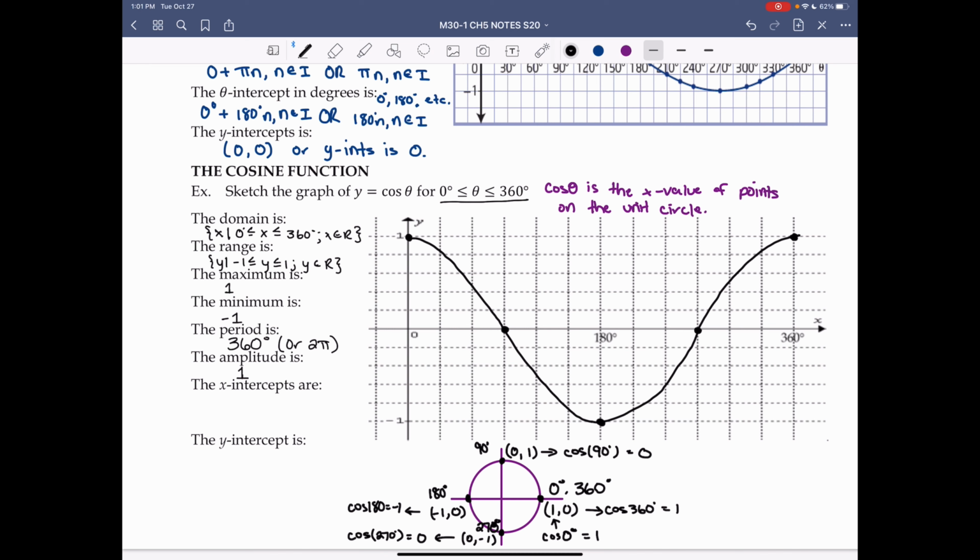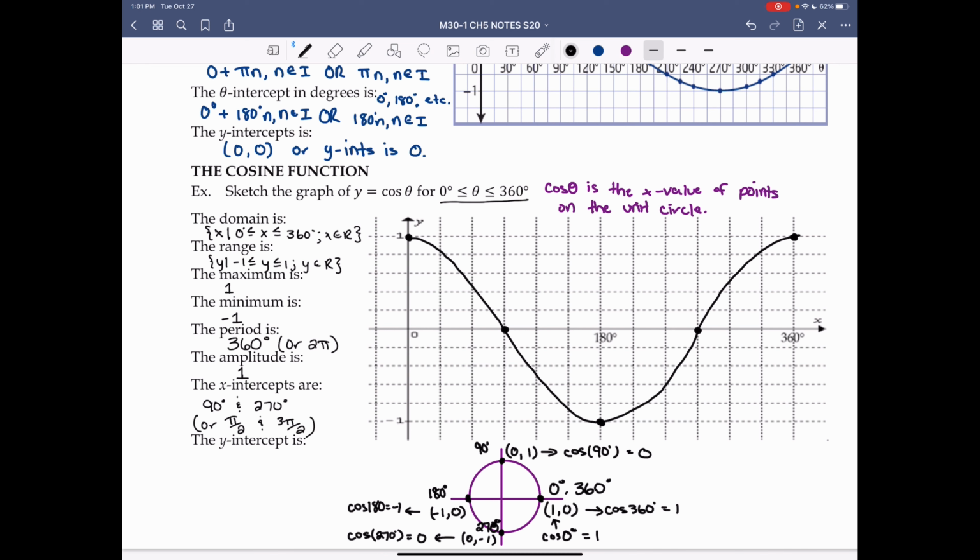The x-intercepts are at 90 degrees and 270 degrees, or if we were talking radians, that would be pi over 2 and 3 pi over 2.